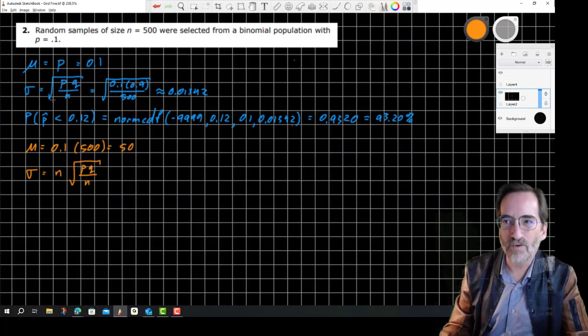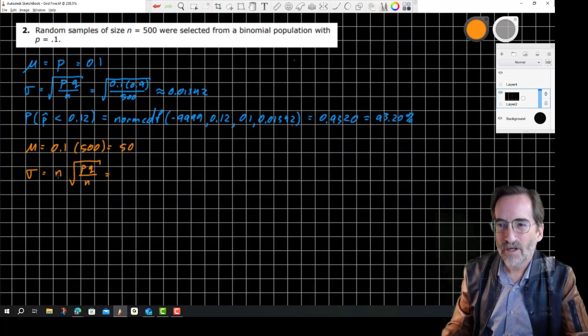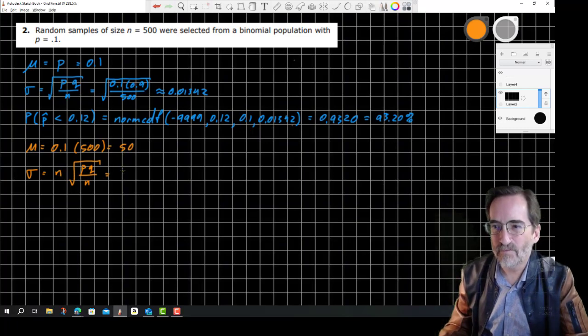It's just the old standard deviation multiplied by 500. And I just want to demonstrate how that formula comes out. I can square root n squared. I can square and square root at the same time. So n squared square root, that's n, times PQ divided by n.